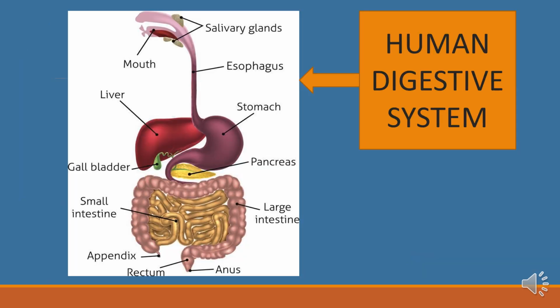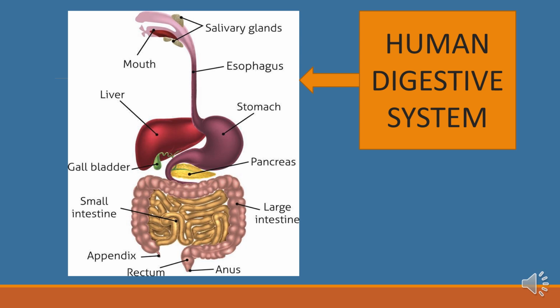Here is the structure of the human digestive system, which contains salivary gland, liver and pancreas as accessory glands, or we can say associated glands, and mouth, esophagus, stomach, duodenum, small intestine and large intestine are the parts of the alimentary canal.